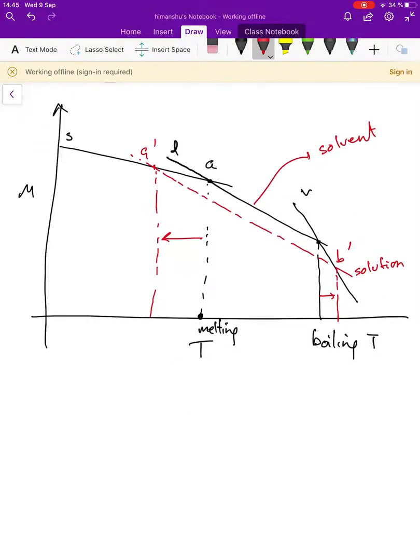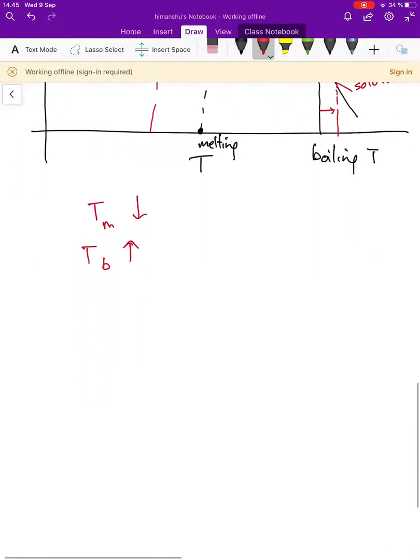So as a result of the reduction in the chemical potential of the liquid or the solvent, the freezing point, or the melting point, decreases while the boiling point increases. It has been shown empirically that the change or the elevation in the boiling point is equal to some constant multiplied by the mole fraction of the solute.